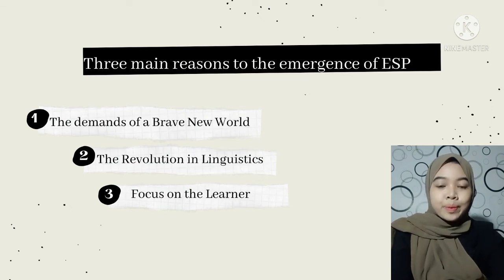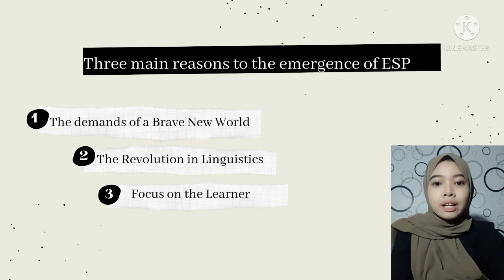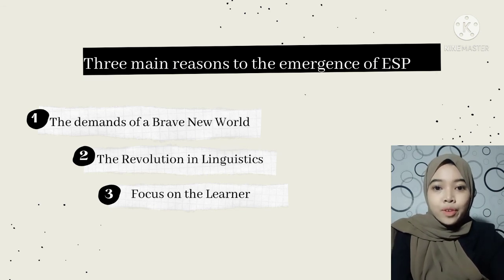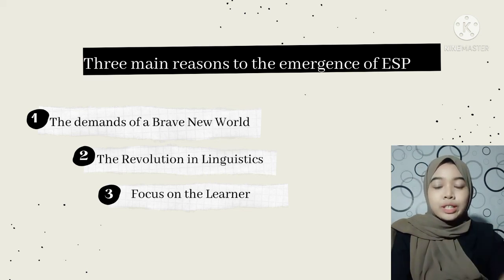Number 2. Three main reasons for the emergence of ESP. According to Hutchinson and Waters, 1987, there are three main reasons for the emergence of ESP. The first reason is the demands of a brave new world. There is a changing of demand caused by two factors.